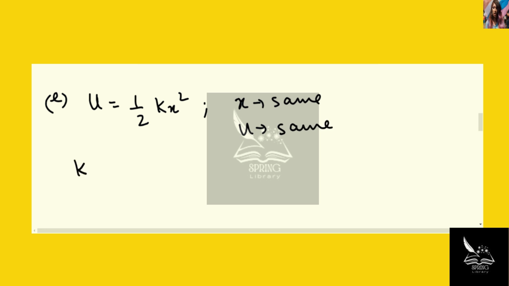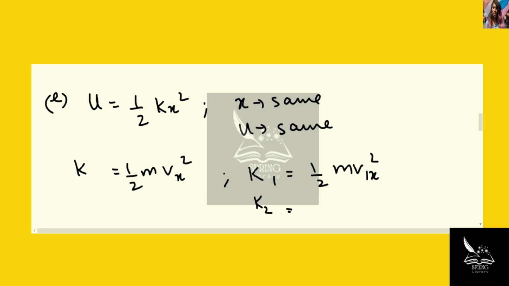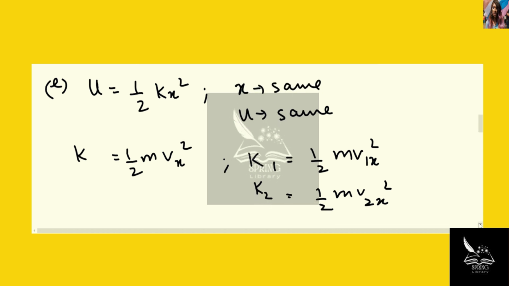Now K equal to half m vx squared. Now K1 equals half m v1x squared, and K2 will be half m v2x squared. You have seen potential energy remains the same because x is the same, it depends on the distance.